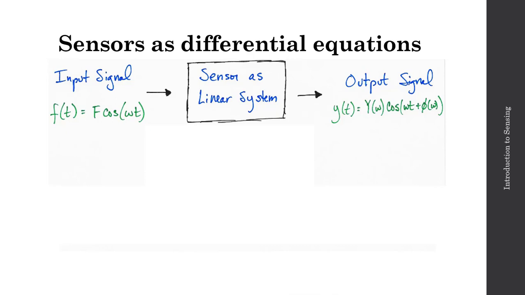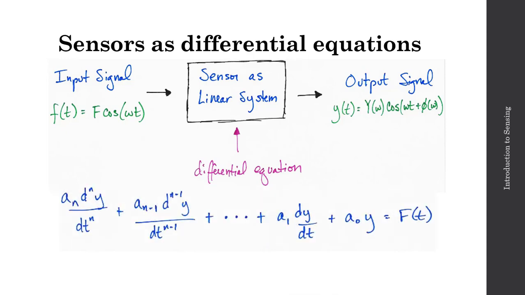So to understand the performance of our system, I'm going to think of my sensor in terms of a differential equation. And for a linear system, I can describe that mathematically as a bunch of coefficients starting with a sub n, as well as a bunch of derivatives going all the way from the nth derivative down to the 0th derivative.